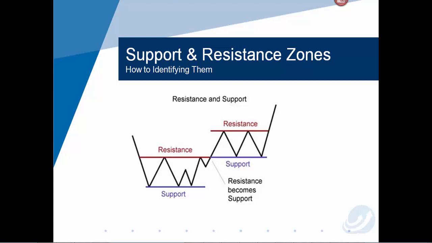A support zone is a concentration of demand, and a resistance zone represents a concentration of supply. The word concentration is emphasized because supply and demand are always in balance, but it's the relative enthusiasm of buyers as compared to sellers, or vice versa. That is important because that is what actually determines a trend.